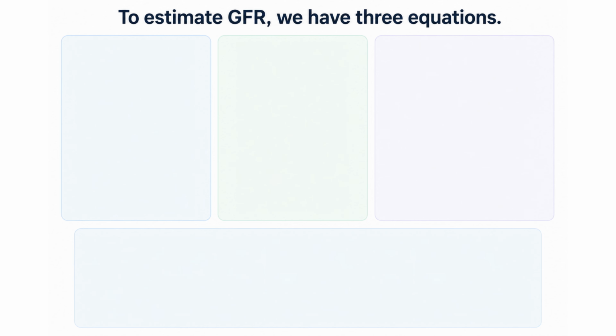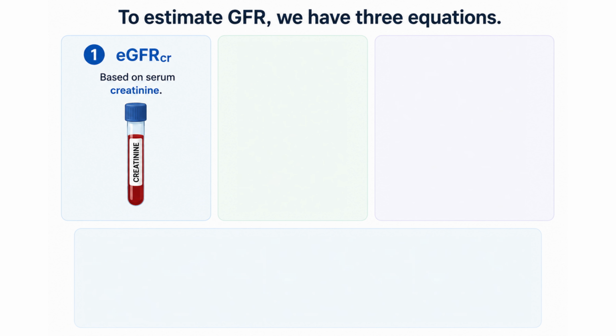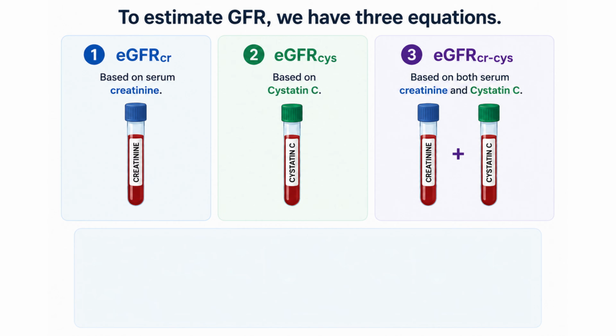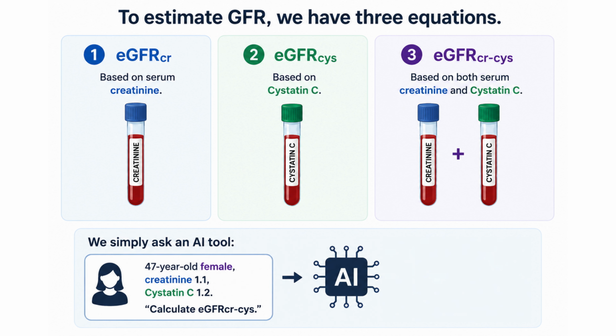To estimate GFR, we have three equations. 1. eGFRcr, based on serum creatinine. 2. eGFRcys, based on cystatin C. 3. eGFRcr-cys, based on both serum creatinine and cystatin C. We simply ask an AI tool like this: 47-year-old female, creatinine 1.1, cystatin C 1.2.